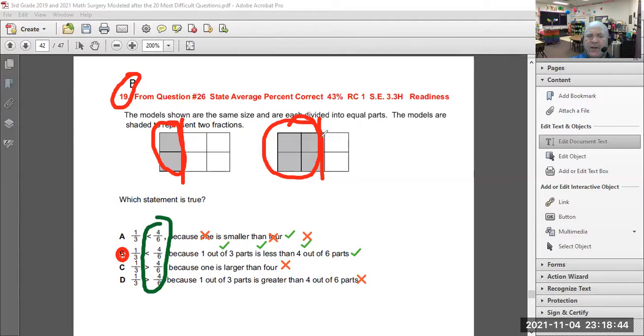Two groups are shaded, 3 groups are altogether. So that's the fraction. That's the ratio. 1 out of every 3 here, 4 out of every 6 here. That's the proportion: 2 out of every 3, or 4 out of every 6.